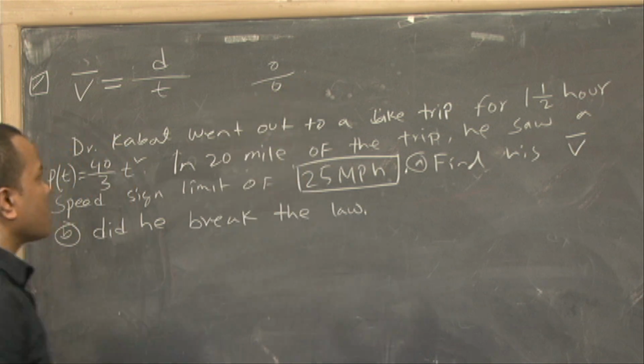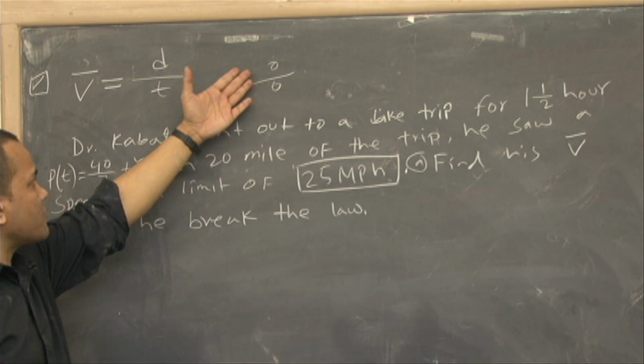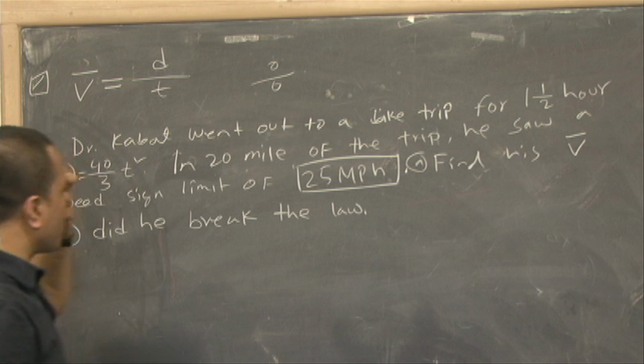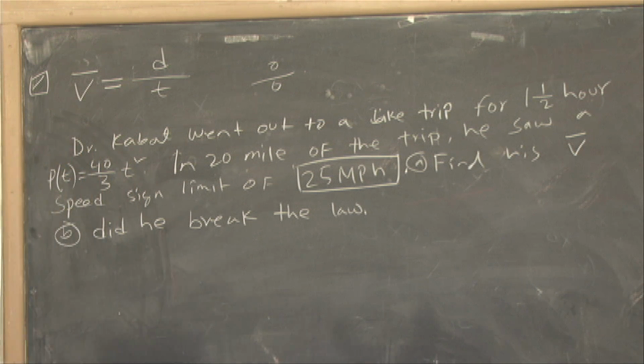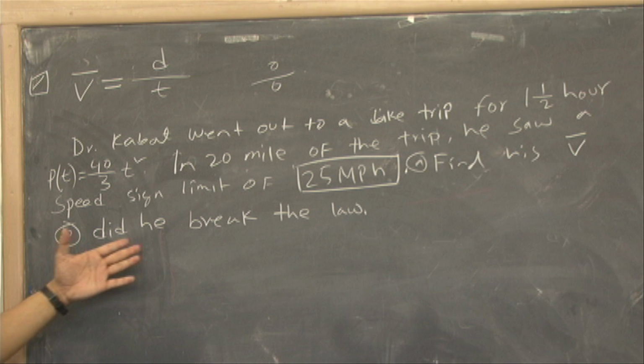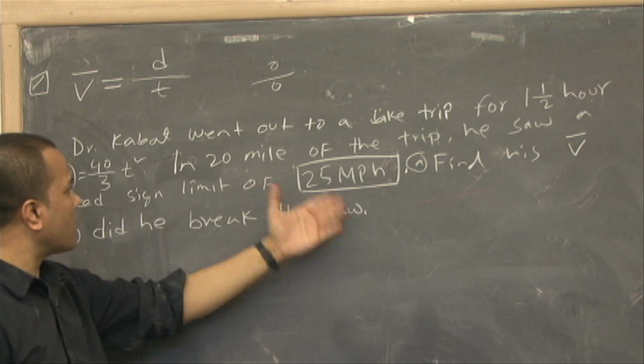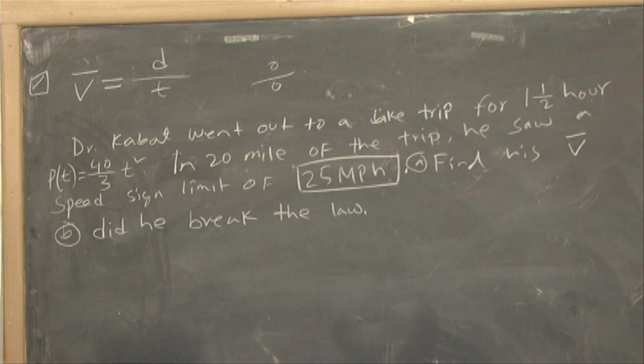Algebra couldn't help us understand or solve the 0 over 0 problem. So Newton had to invent calculus to solve this problem. Now we're going to use what Newton used like 400 years ago, and we're going to see whether Dr. Kabat broke the law.